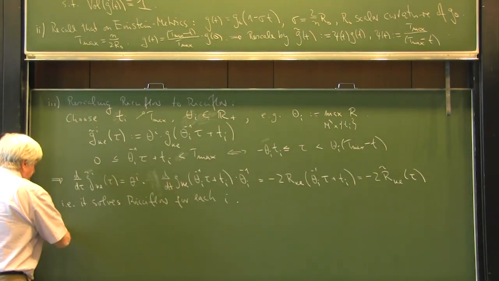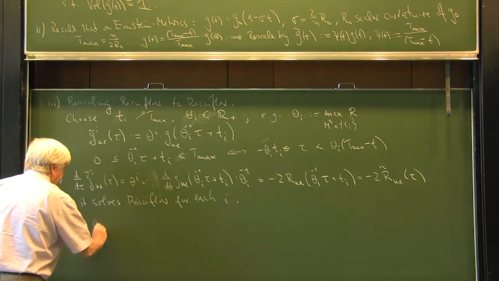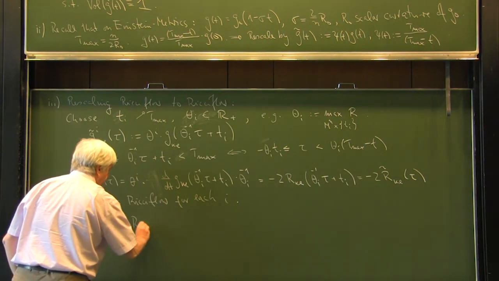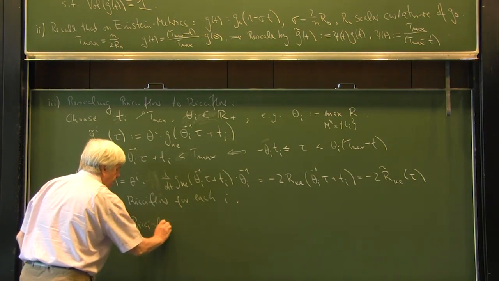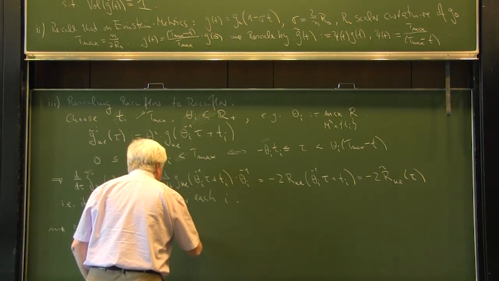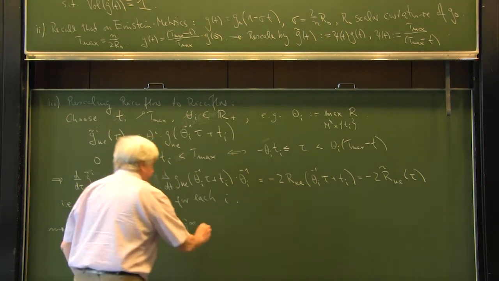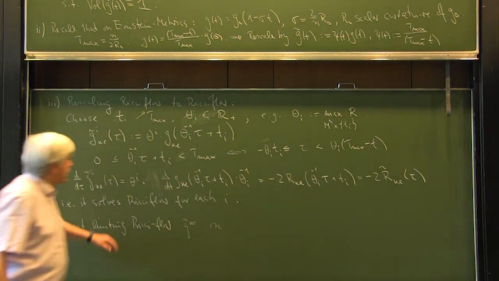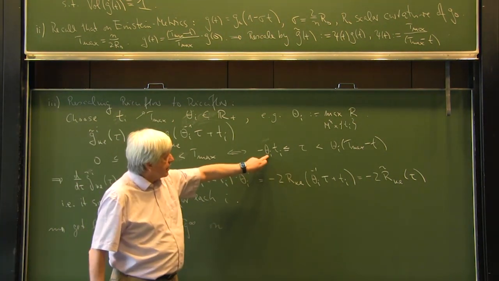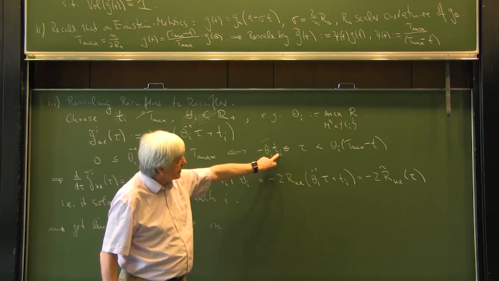But you want to get a limit, a limiting Ricci flow, G tilde infinity, and this limiting flow would be a flow since theta I tends to infinity and Ti tends to T max, a finite number.